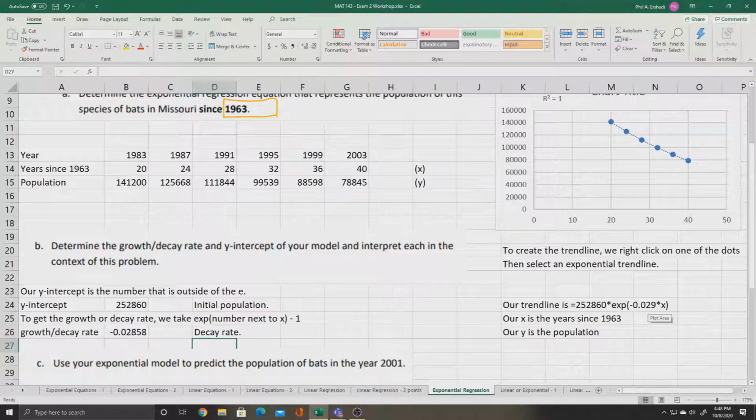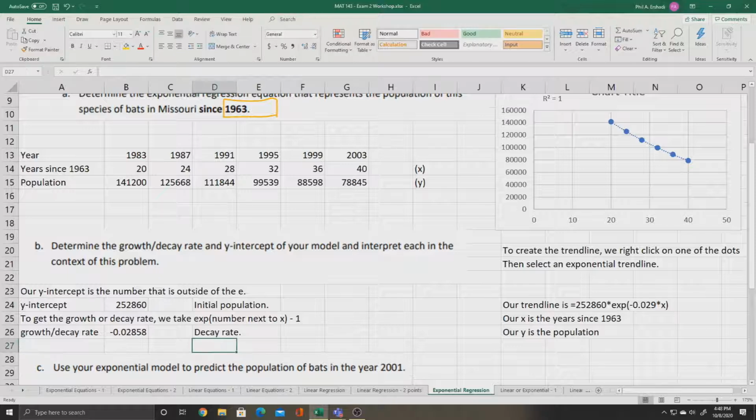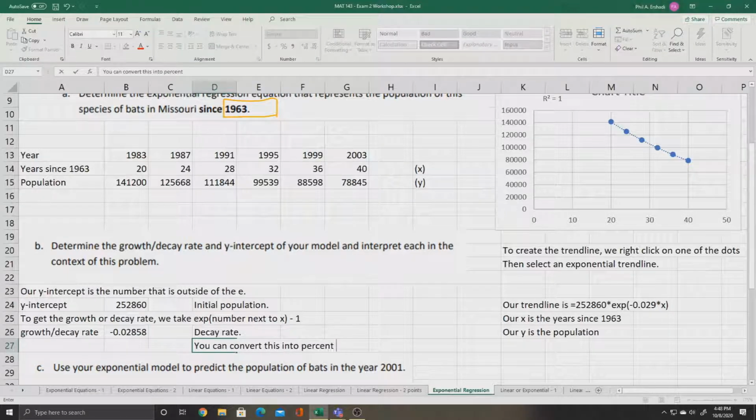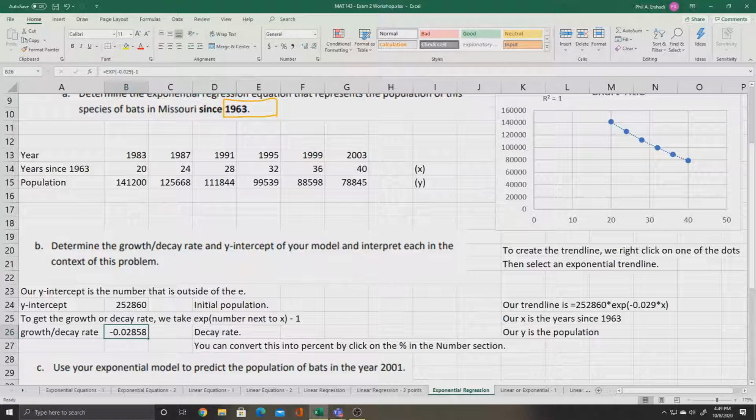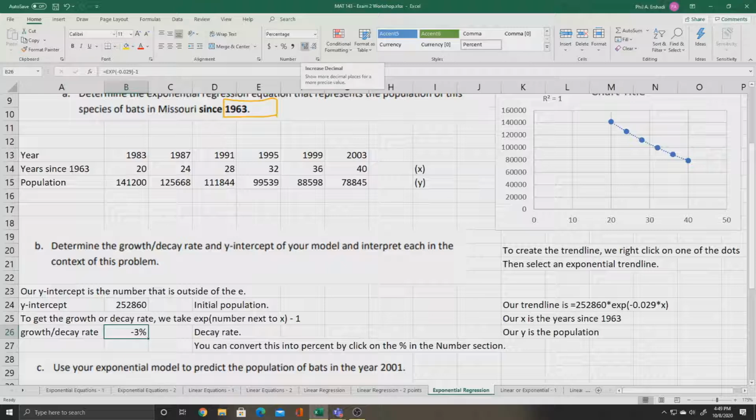Now, if you like, you can convert this to percent by clicking on the percent sign in the number section. Now, you don't have to do this, but I just wanted to show you that it's possible. Click back on this number, click percent, and then we'll add some decimal places by clicking the increase decimal button. So this tells us that the decay rate of the population is negative 2.858%.